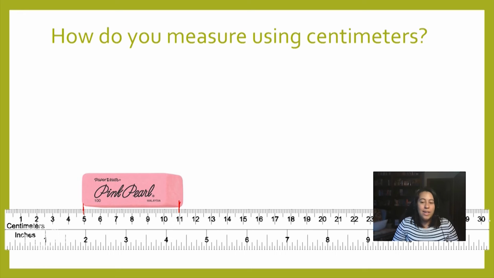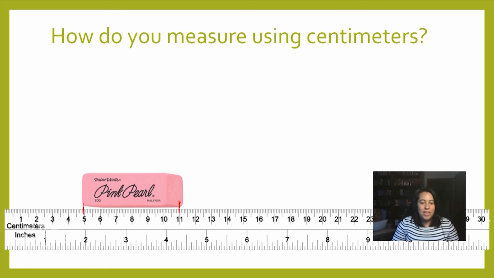Okay, so again, we didn't put the eraser on the ruler at 0. So we're not starting at 0, we're starting at 5, and it looks like the eraser goes to just about the 11 mark on the ruler. You know it goes a little bit over, but I'm going to use the 11 mark since that's a whole number.